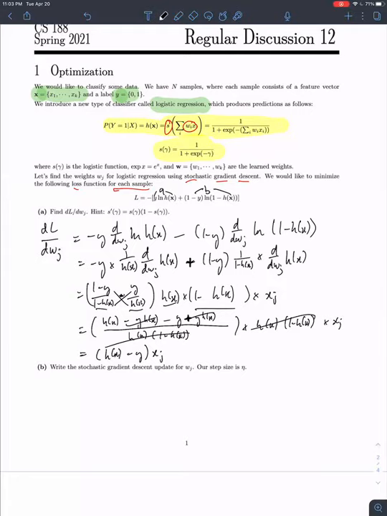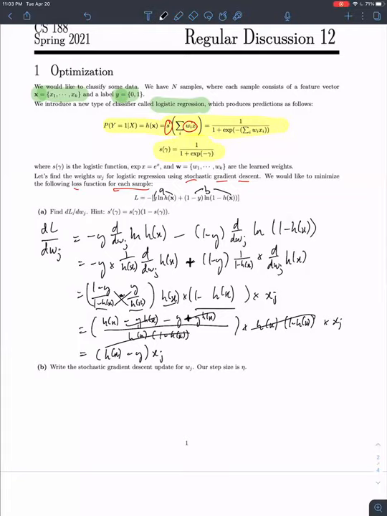If y was too small, right, then suppose xj was positive, right? And y was too small. Then h of x minus y is positive and xj is positive. So what that means is that if we increase w, then we would increase the loss.